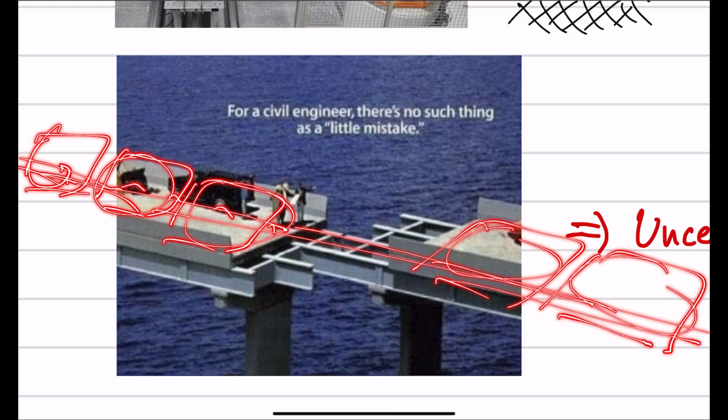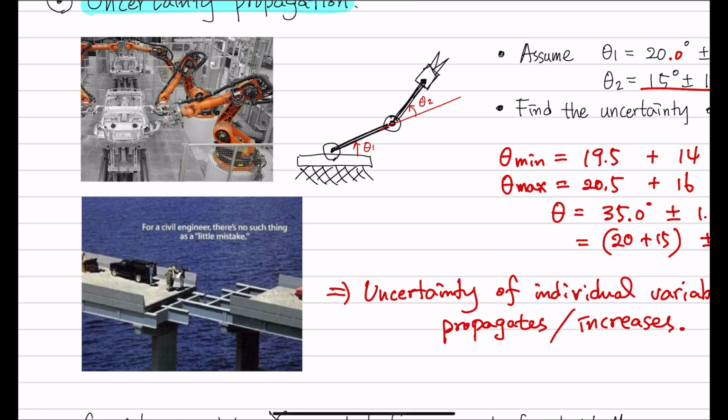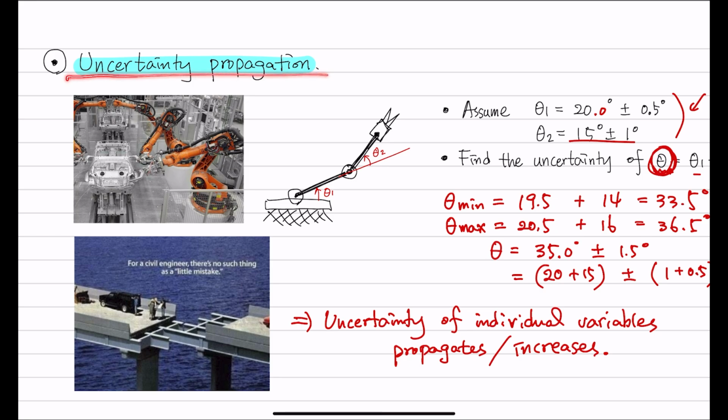Then you're adding all those, and eventually they're not aligned. The small uncertainty or tolerance you had in there, they all add up and propagate, and eventually this kind of disaster may happen. So that's something we would like to understand from this uncertainty propagation.